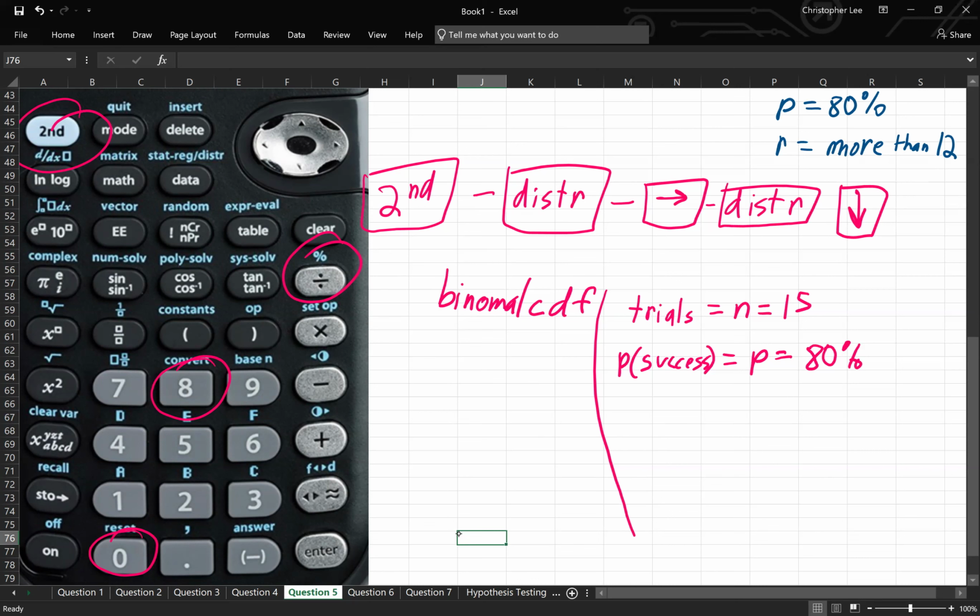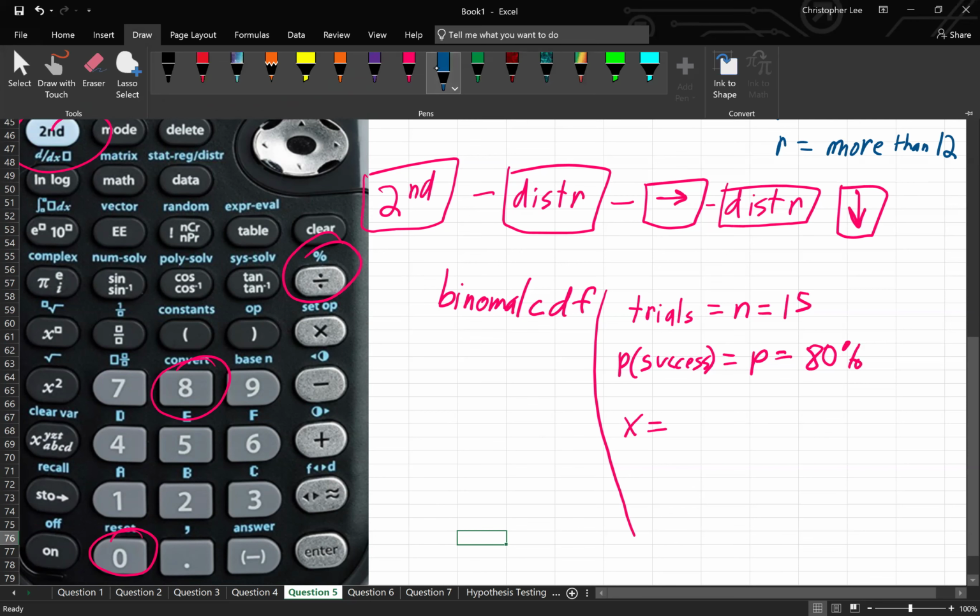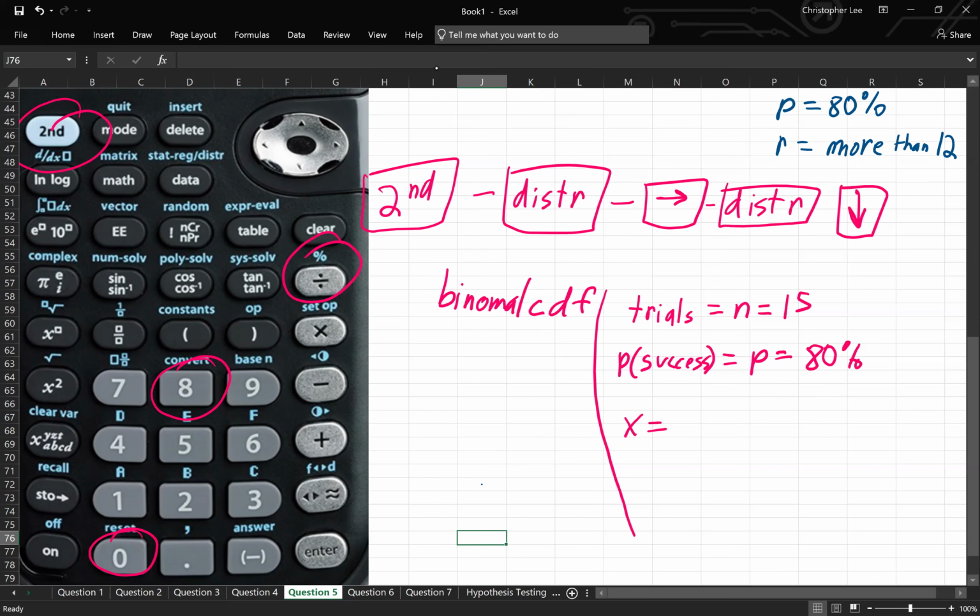Next is going to ask you for your X. Our X in this case is what? Just to recap, in the question, let me write it right over here. They're asking what is the probability of X greater than 12?